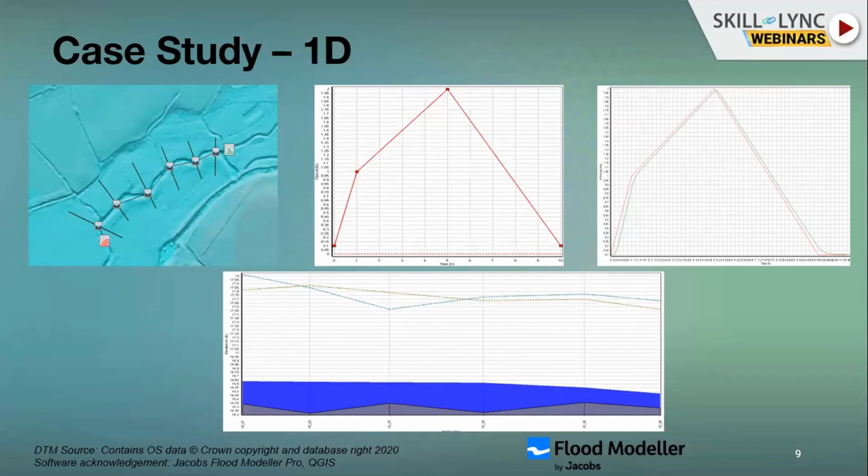Even these cross sections can be classified under geometry. Third is the upstream boundary condition, fourth is the downstream boundary condition, and fifth is the initial condition.